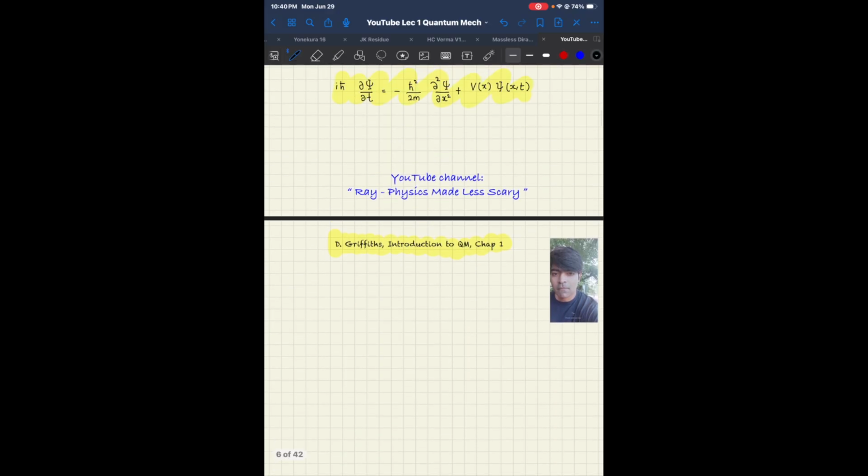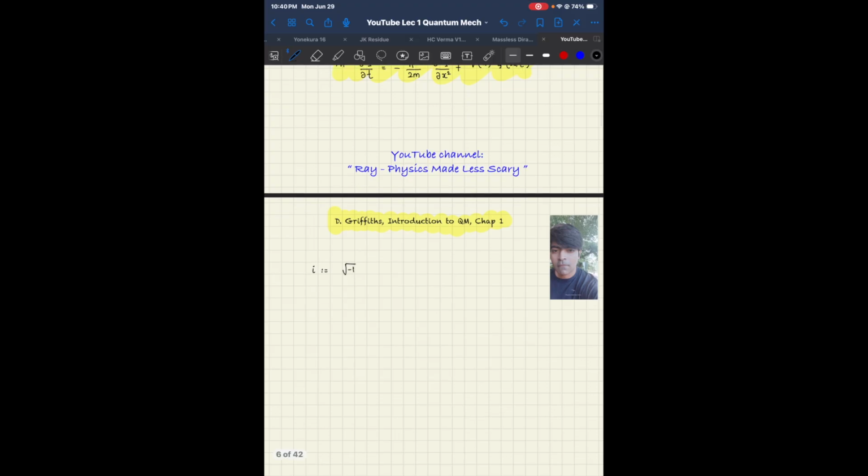So let's first define the terms. What are the terms here? So i is minus 1, square root of minus 1 actually. Psi is called the wave function. It's a function of, say, in one dimension.